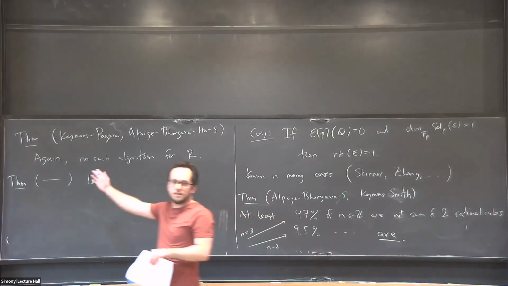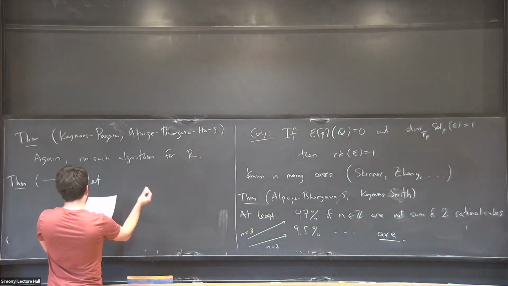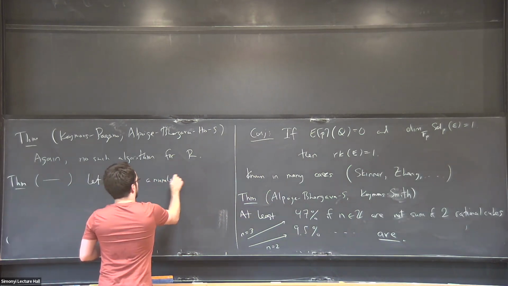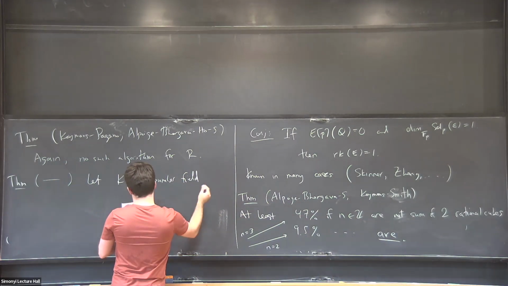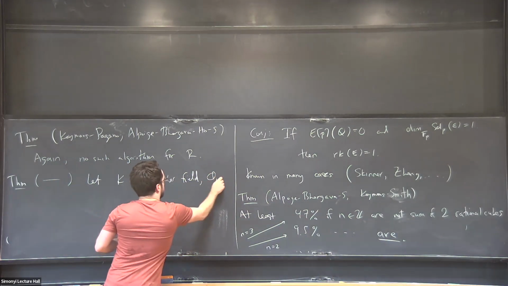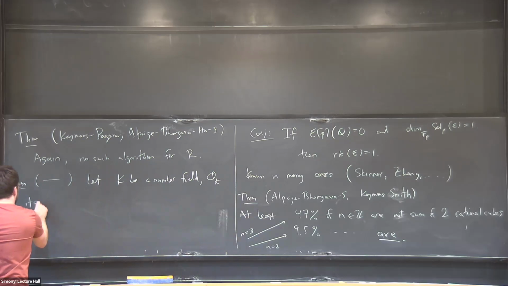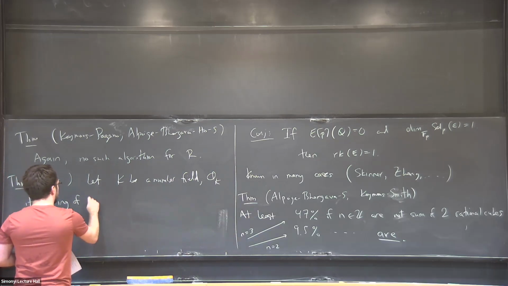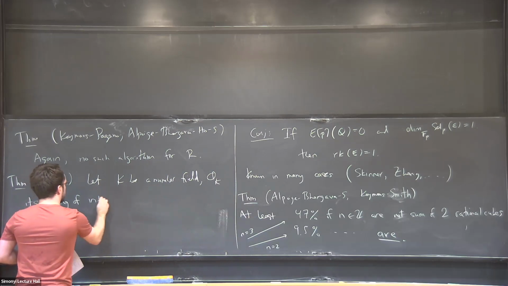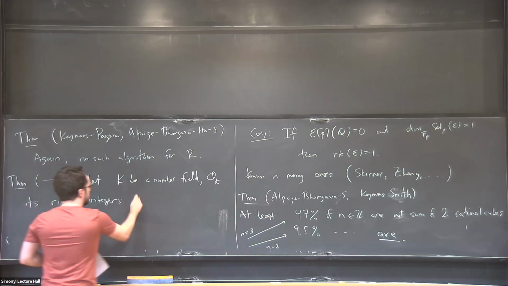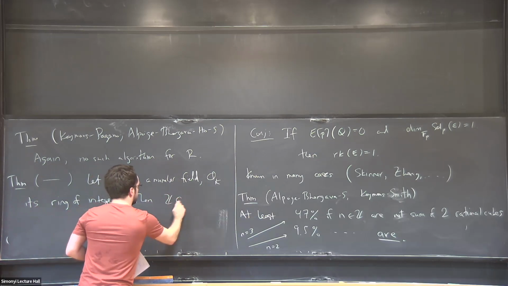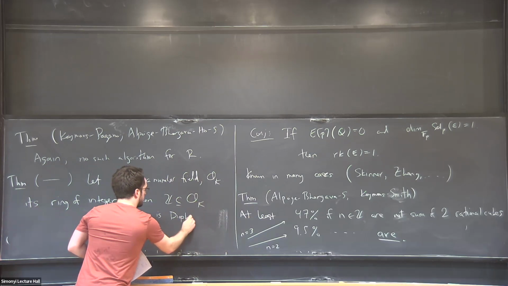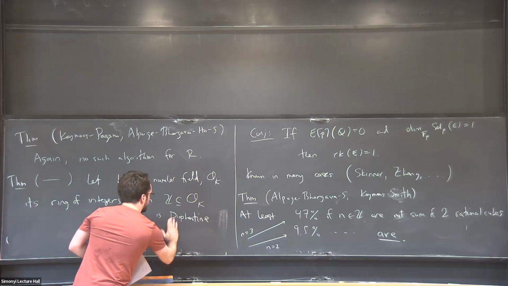So let K be a number field, and O_K its ring of algebraic integers, the analog of Z inside K. Then what's really being proven is that Z is Diophantine inside O_K.